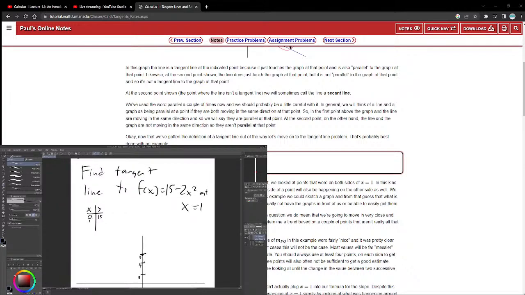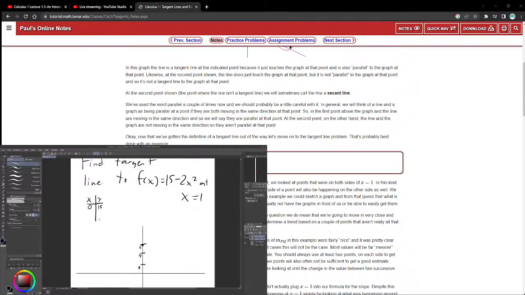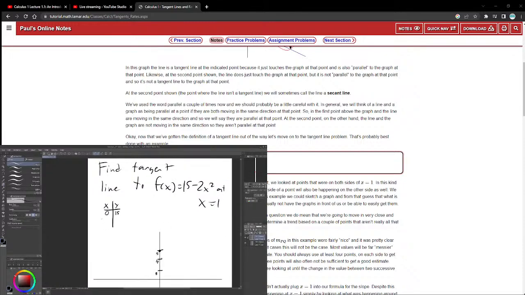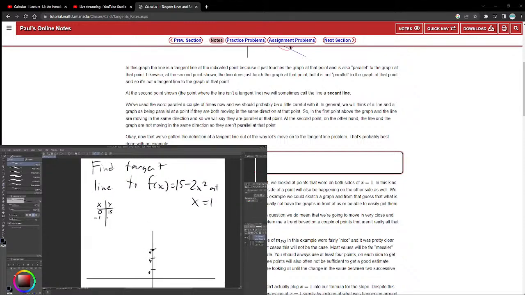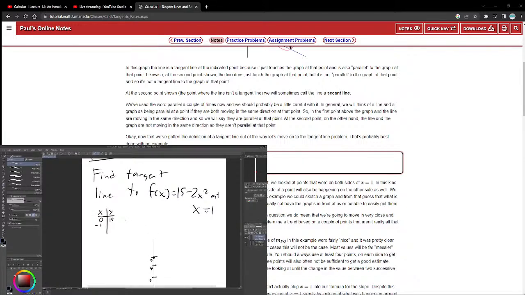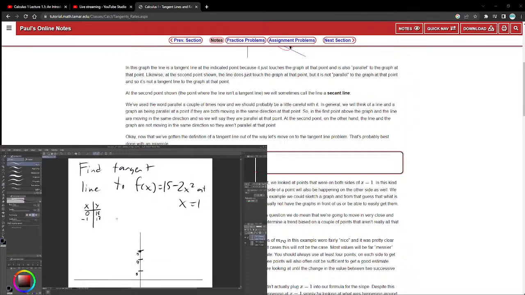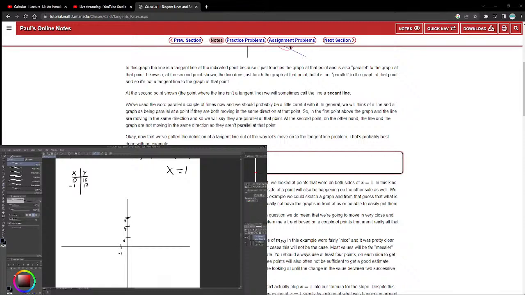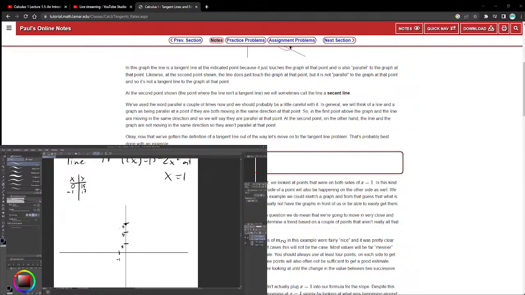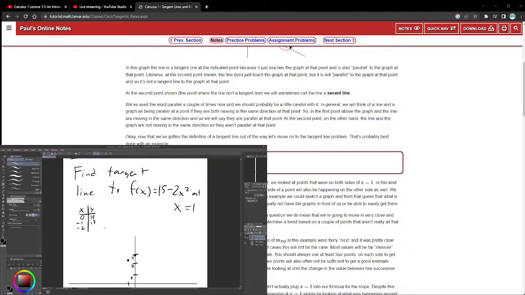Plug in -1, you get 13, so about here. Then -2, about 11.